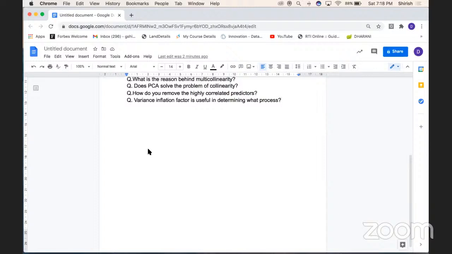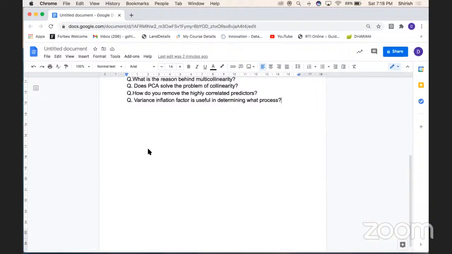How much variance means the square of the standard deviation of an estimated regression coefficient. That particular estimated regression coefficient is increased because of your, sorry, collinearity.